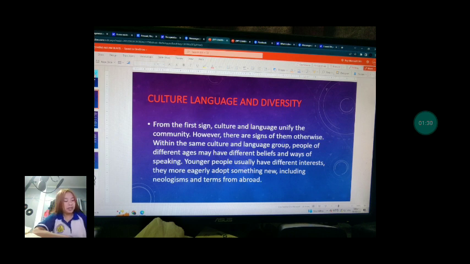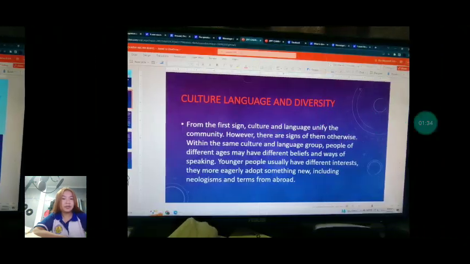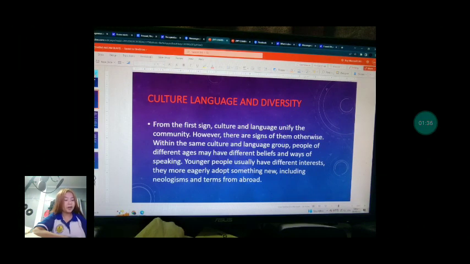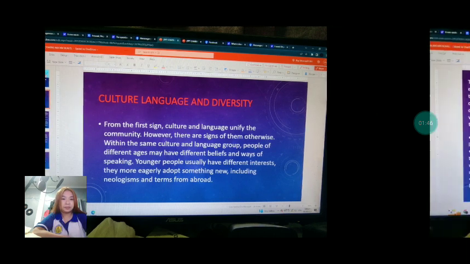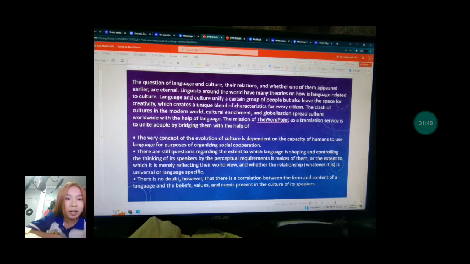People who live in a certain area share a common set of beliefs, cultural values, and language, even if it is a minor dialect. The question of language and culture, their relations, and whether one of them appeared earlier is eternal.